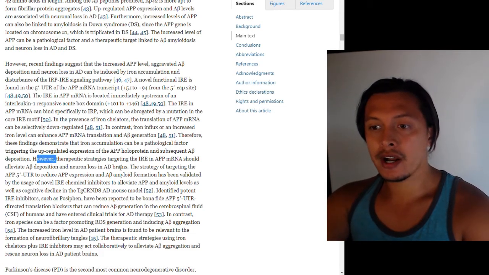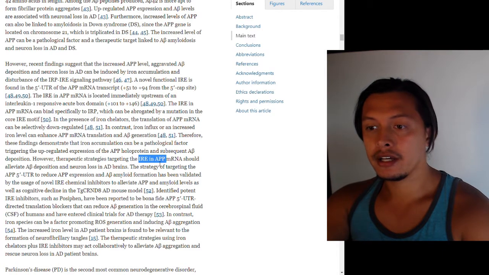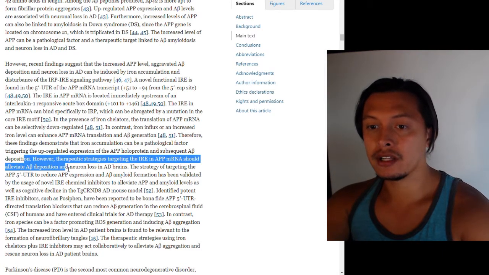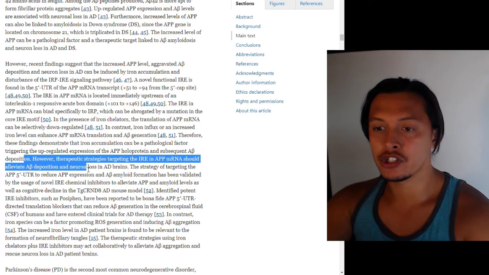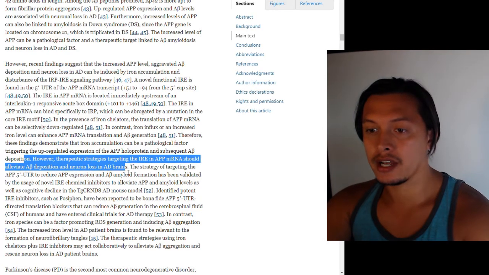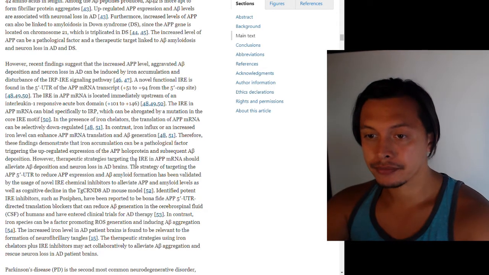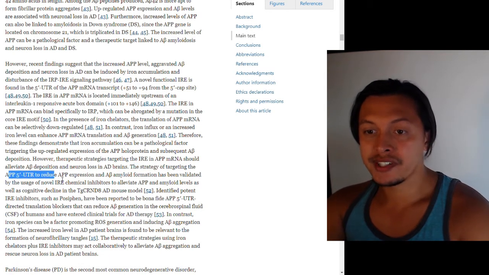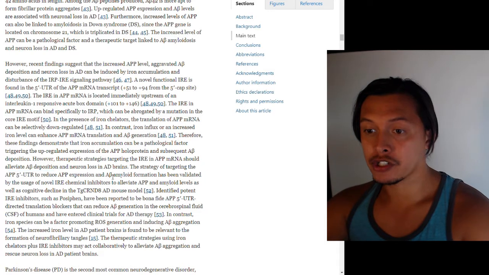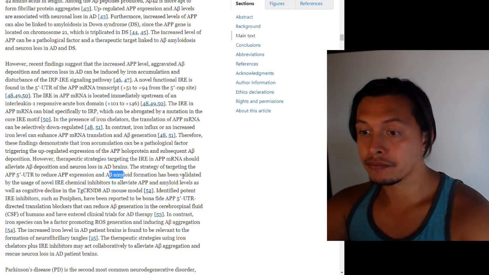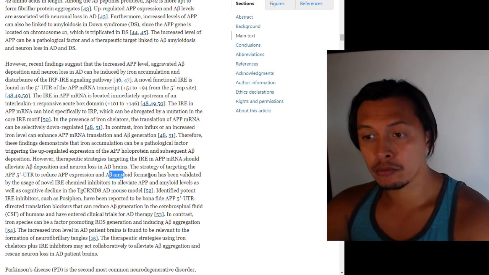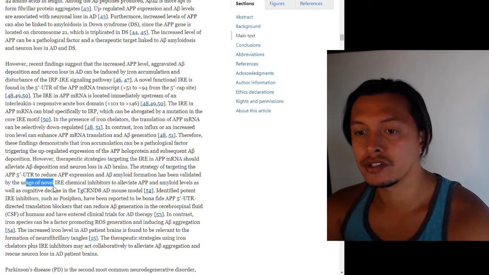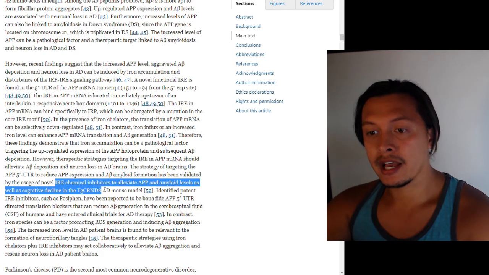However, therapeutic strategies targeting the IRE in APP mRNA should alleviate amyloid beta deposition and neuron loss in Alzheimer's disease brains. The strategy of targeting the APP 5' untranslated region to reduce APP expression and amyloid beta formation has been validated by usage of novel IRE chemical inhibitors.